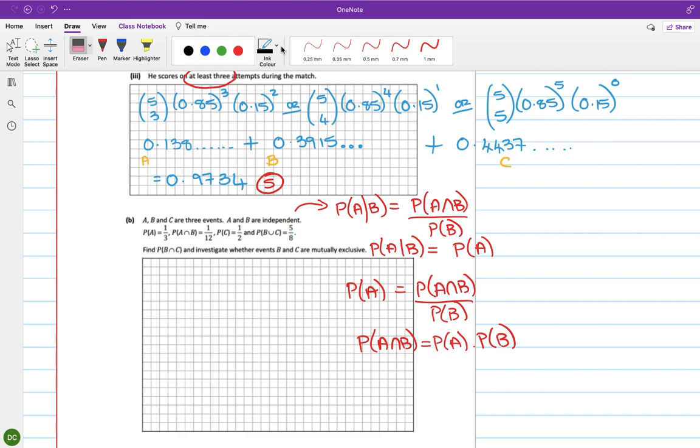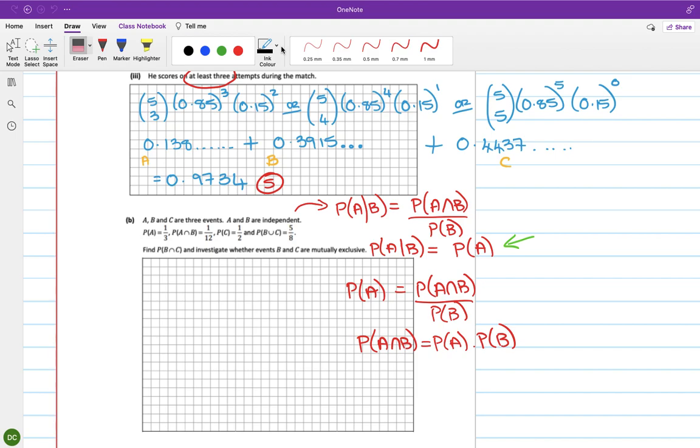And then the second thing: the probability that A occurs given that B has already occurred is the same as the probability of A, if they're independent.